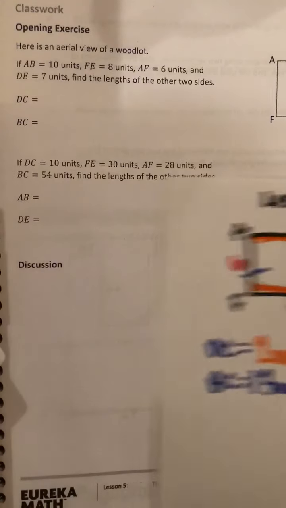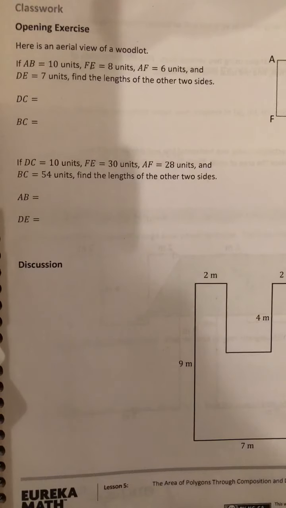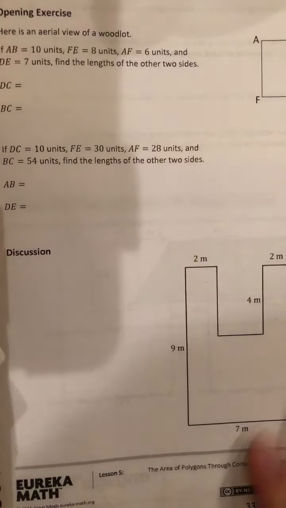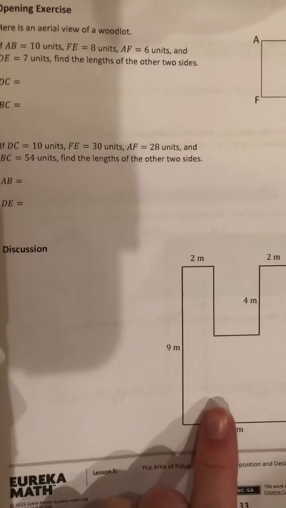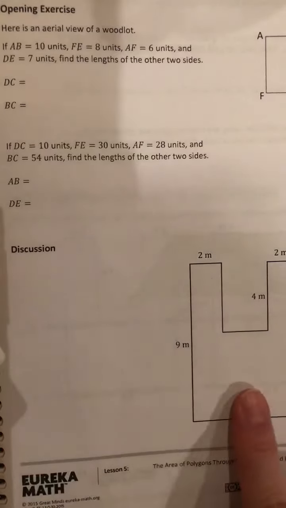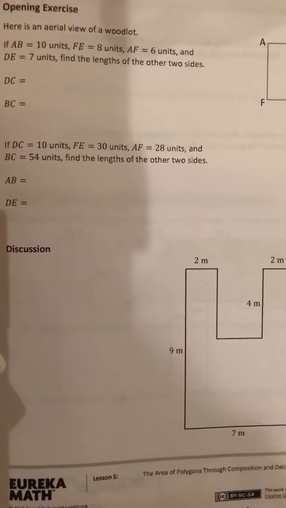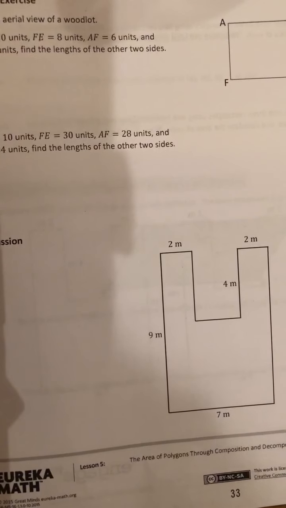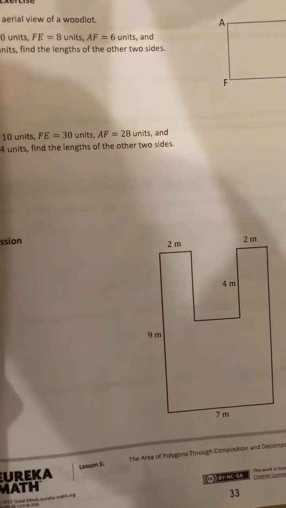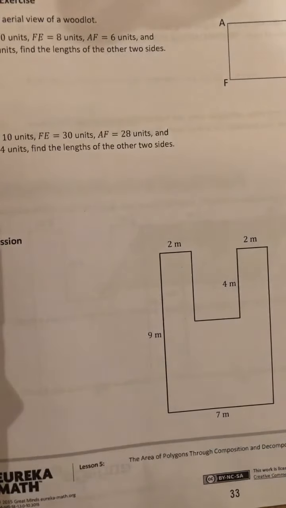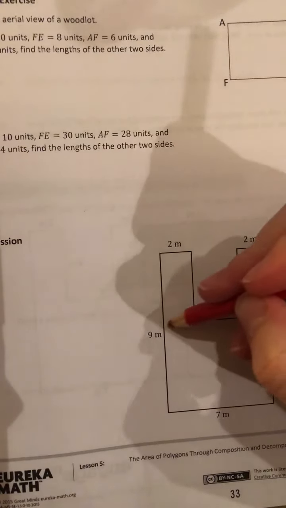All right. The next one is this one right here, and it wants us to find the area of this. We're going to find the area by decomposing this shape and breaking it up into different parts.